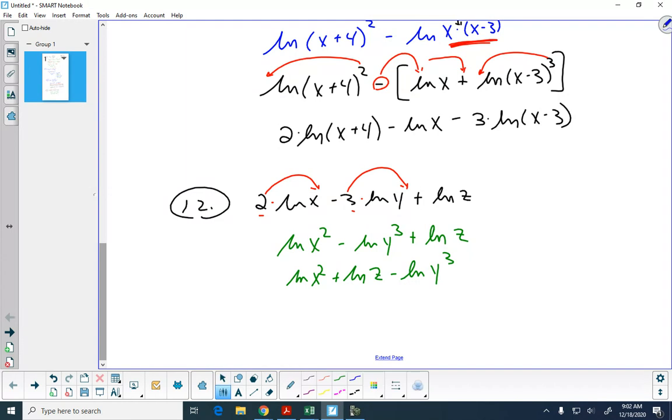And that may help you see, well, I have these two being added together. So that's going to go on the top, x squared times z, and then the ln of y cubed is being subtracted, which is going to put that in the denominator. So we have the ln of x squared times z divided by y cubed.